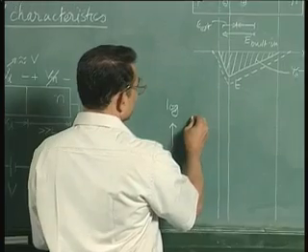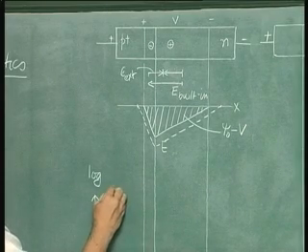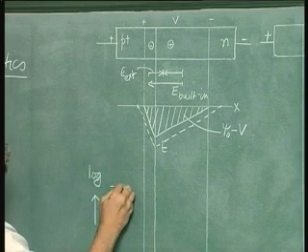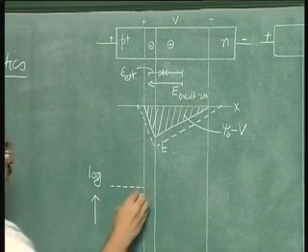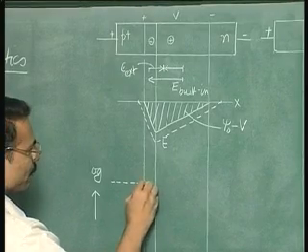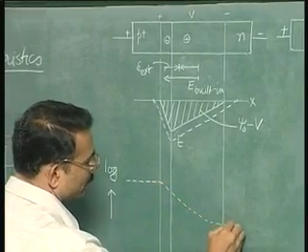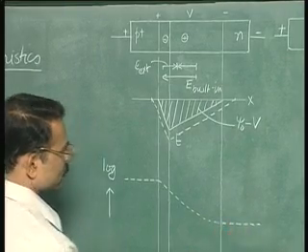I am first going to show, for the purpose of reference, the equilibrium variation of holes and electrons. This will be done by a dotted line. The hole concentration is majority carriers here, and then it varies like this, and here it is a minority carrier concentration.